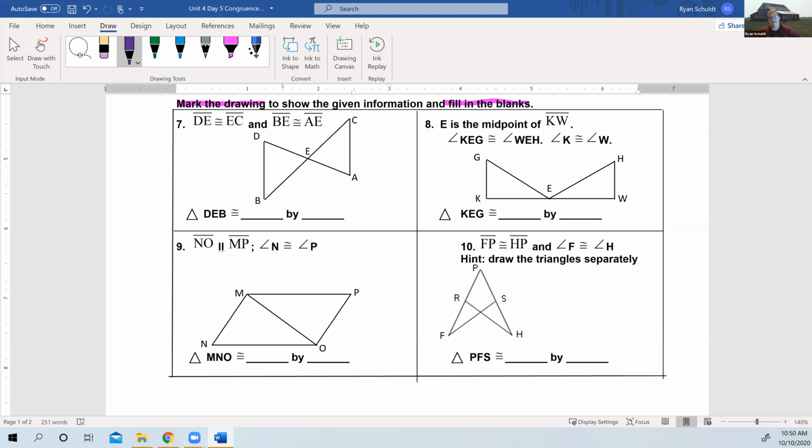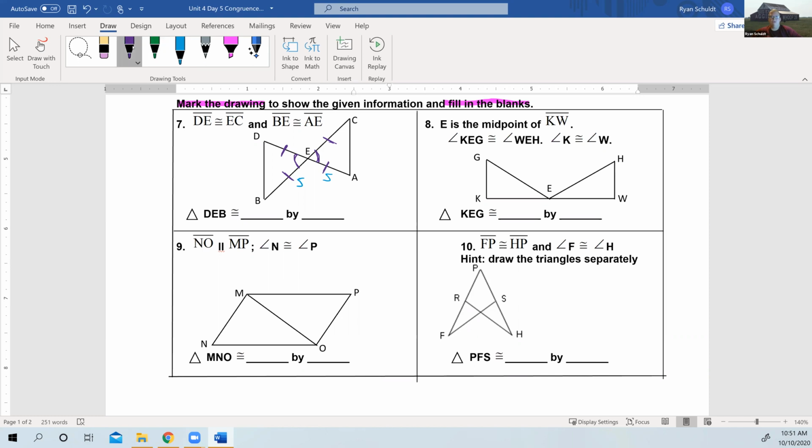So DE, it's right there, is congruent to EC, right there. BE, right there, is congruent to AE. And then what's going on here around E? Vertical angles. So let's see if we can figure out a relationship.